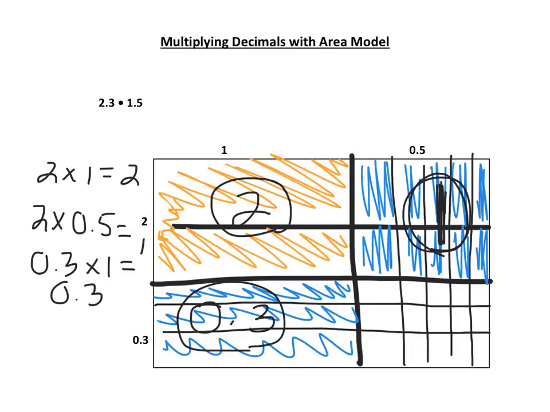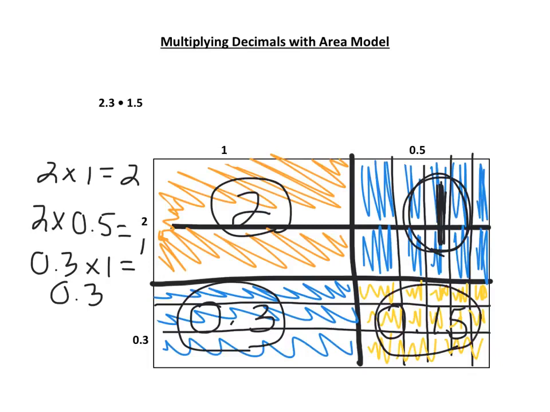And then finally in the last section, I can represent that as the little squares are going to be hundredths. And I realize that I have 15 hundredths. So this section is 15 hundredths.